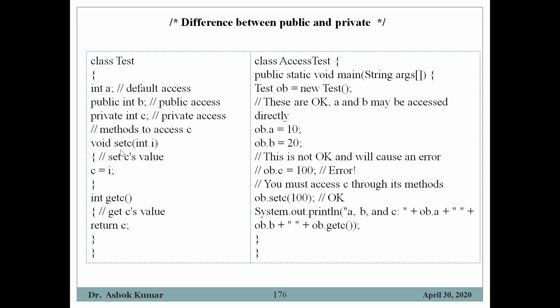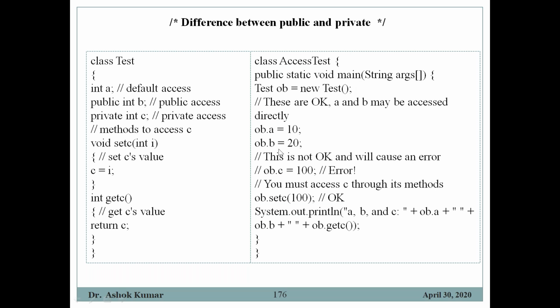This method setC has default access because we haven't used anything before the void return type, and getC is also of default access. Default access means that the member of the class can be accessed directly using the instance name or object name.